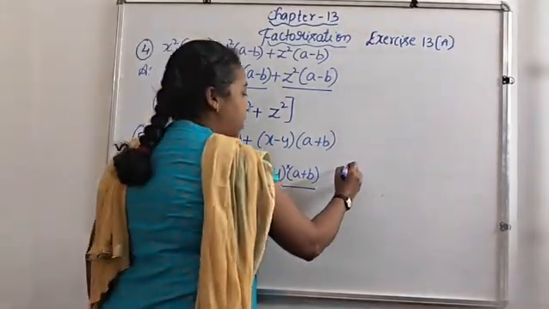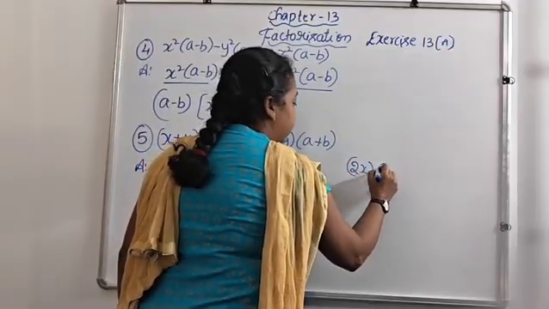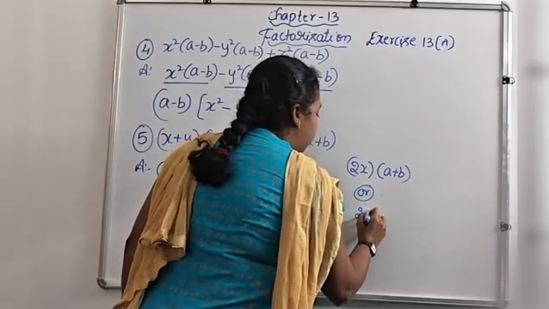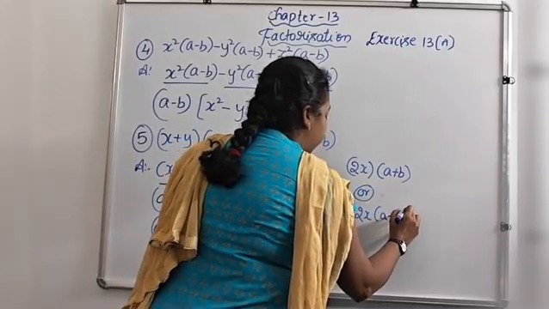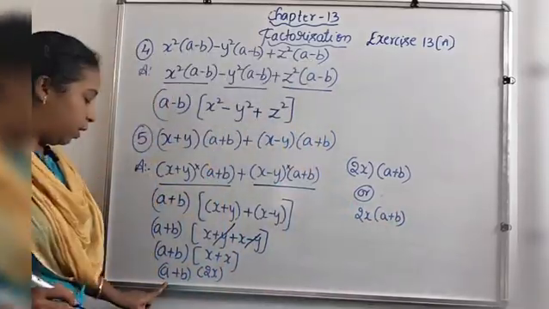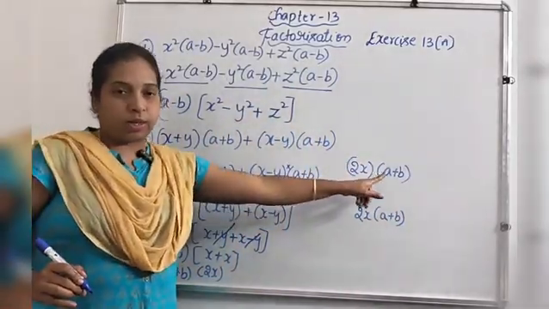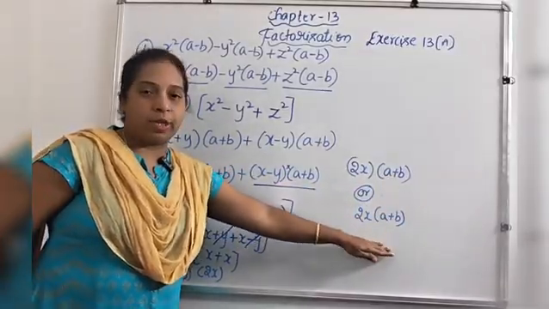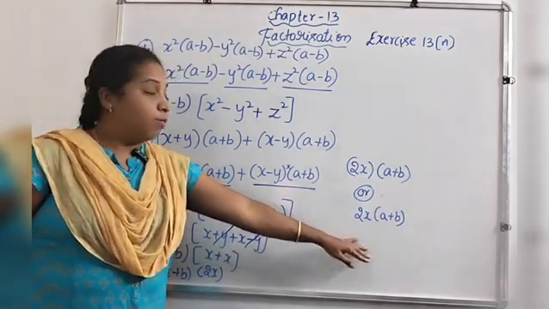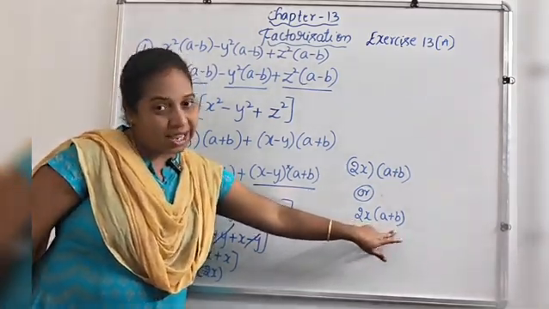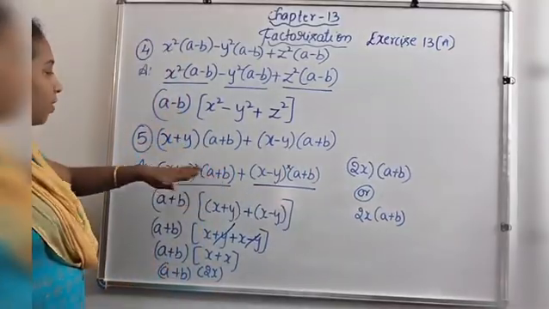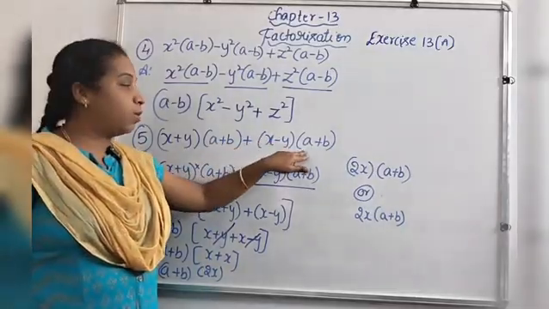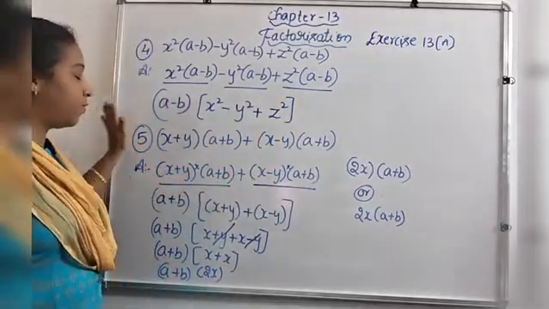We can write it as 2x into a plus b, or without bracket 2x into a plus b, like this also we can write. So 2x into a plus b are the factors of x plus y into a plus b plus x minus y into a plus b. So this is about the fifth question.